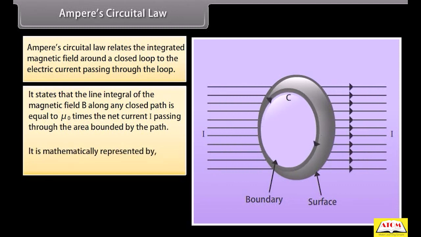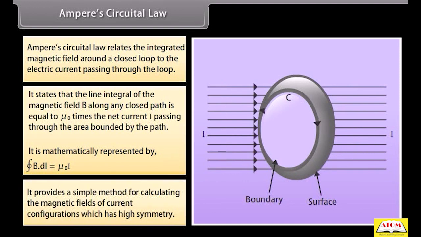It is mathematically represented by closed integral of B dot dl is equal to mu naught I. It provides a simple method for calculating the magnetic fields of current configurations which has high symmetry.